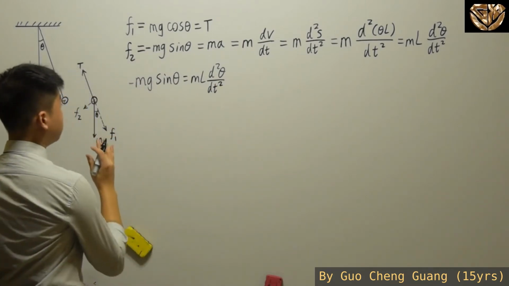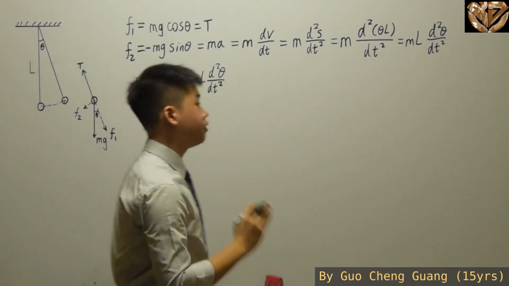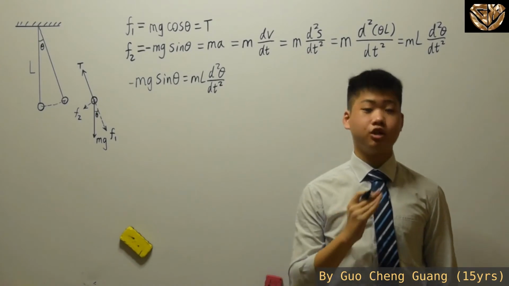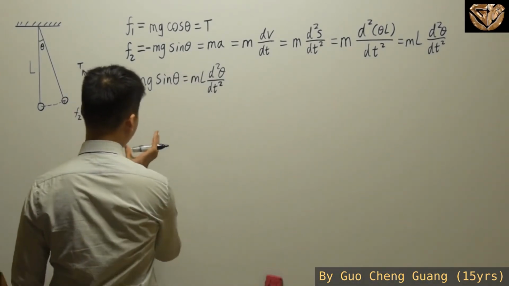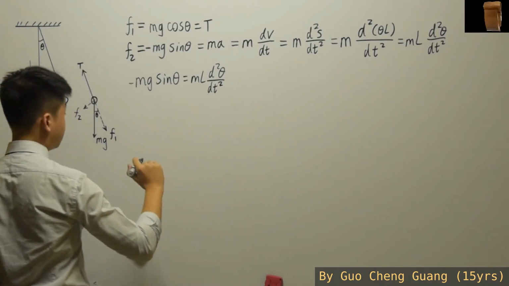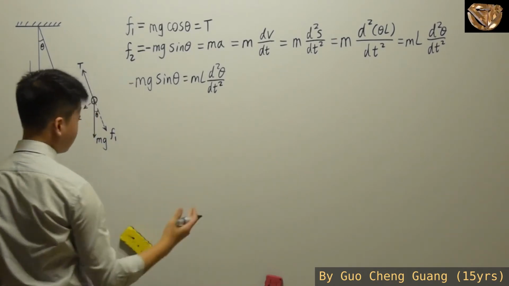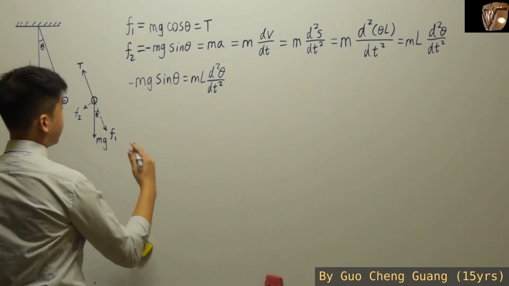Right, so here is where we have already formed a differential equation. Now, using this differential equation, we can move all of them to the same side. And of course, since both of them have m, you can just simplify them out.